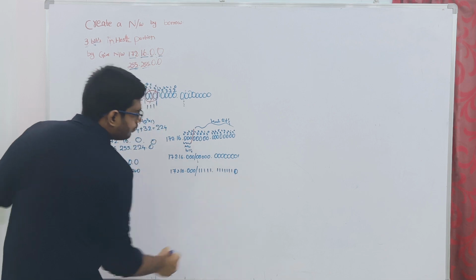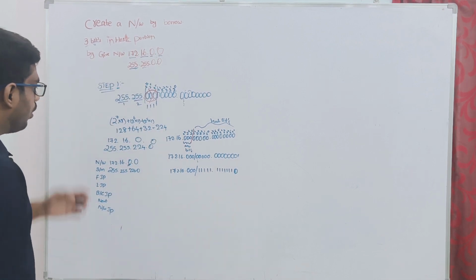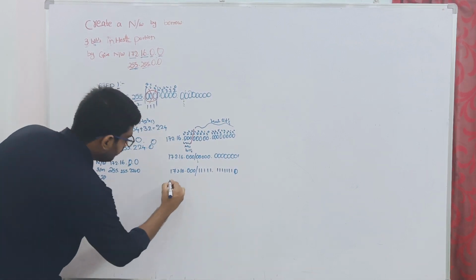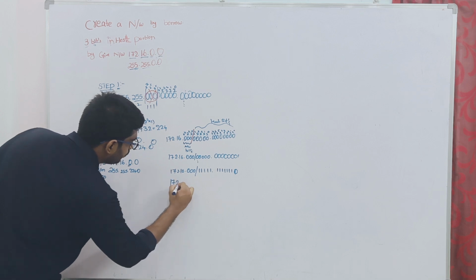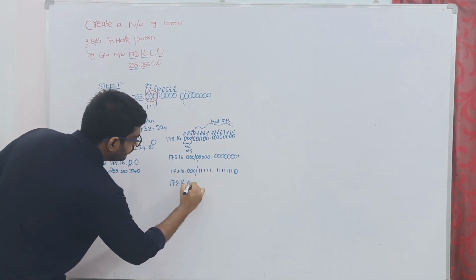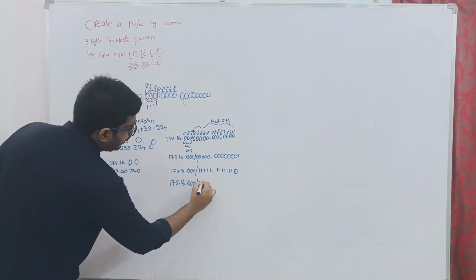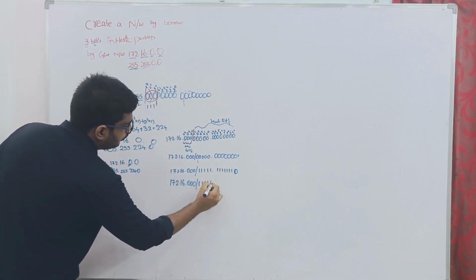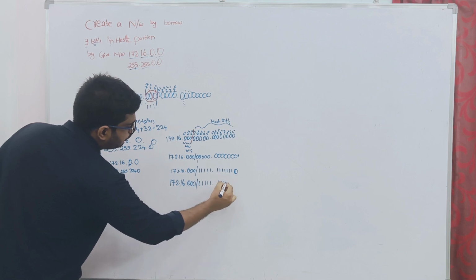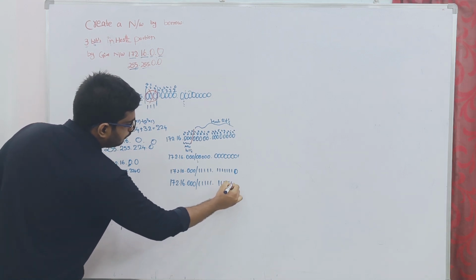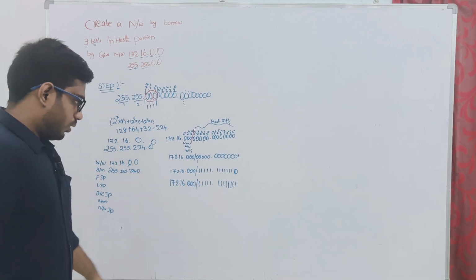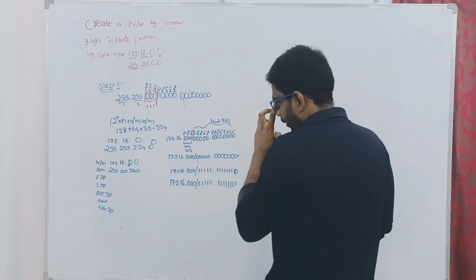This is the inverse, the last IP. What is the broadcast IP? So the broadcast IP is 172.16.000 and all ones, 1.1.1.1.1.1.1.1. This is the broadcast IP.